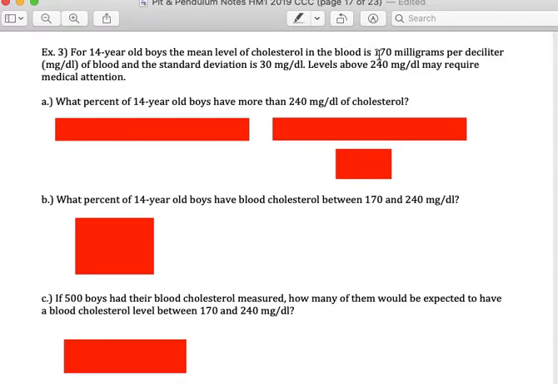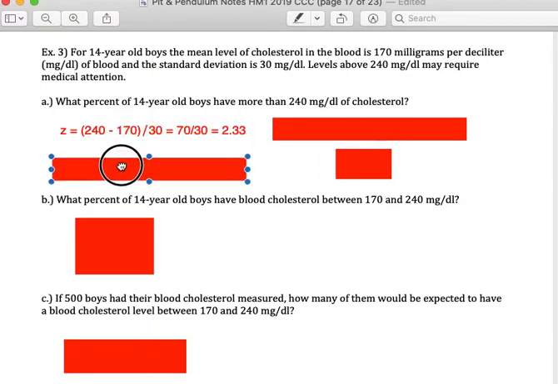Okay, the mean is 170. I'm curious about 240 as my observation, and 30 is my standard deviation. So we're going to go ahead and calculate that. 240 minus 170 divided by 30 is 70 divided by 30, or 7 divided by 3, and we're getting 2.33.